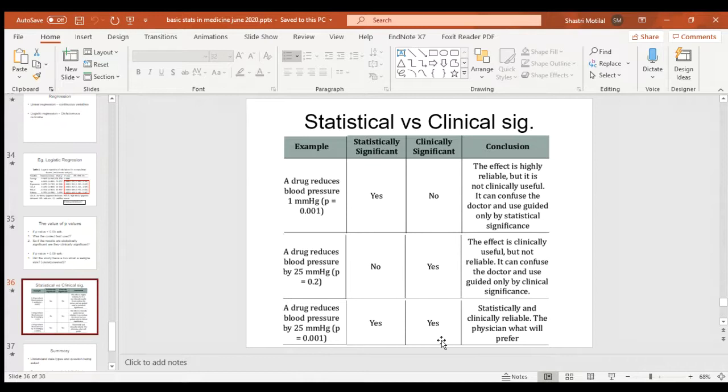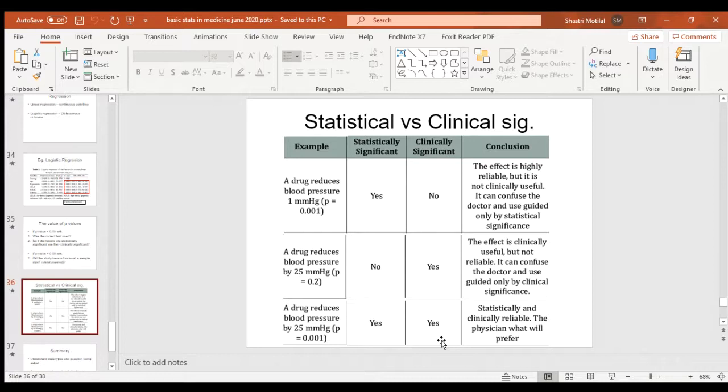So this raises the question you may ask: how do we know if it's clinically significant? The answer is it really depends on what it is you're looking at. In the case of blood pressure, studies have shown over many decades that if you reduce a hypertensive person's blood pressure by as little as 5 millimeters of mercury, it could translate into outcomes where the person is less likely to die and develop heart failure, kidney failure and adverse outcomes.